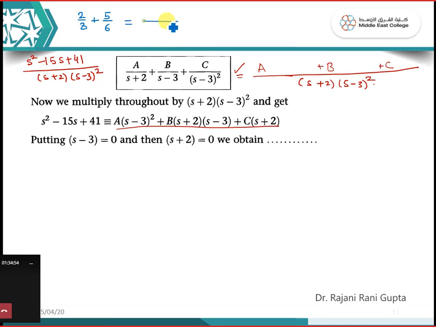Here you will not say the LCM is 3 into 6. Instead you say that it is 6. Why? Because in 6 you can write 3 times 2 and 3 is already here. So that's why you take the LCM as 6 and then you write it as 2 times 2 plus 5. So we have to work on the same idea here.